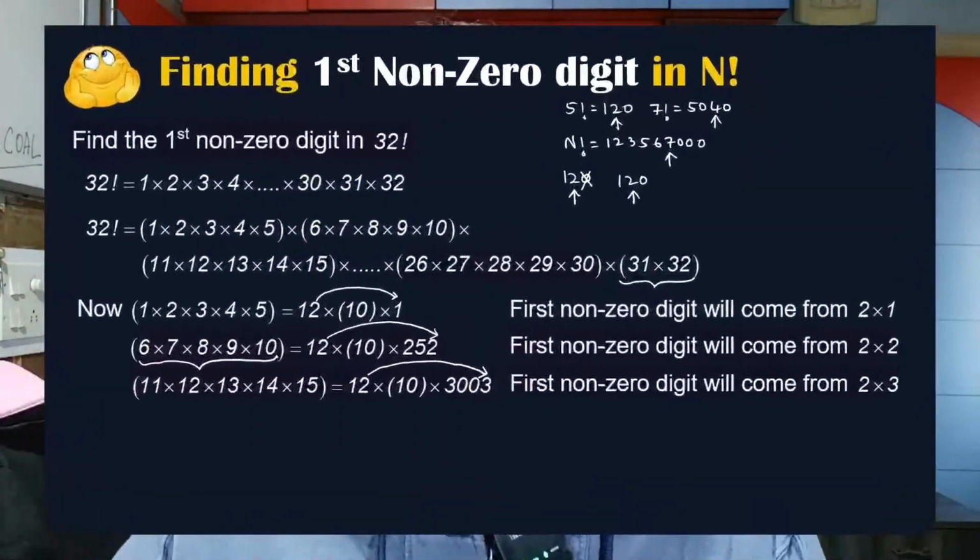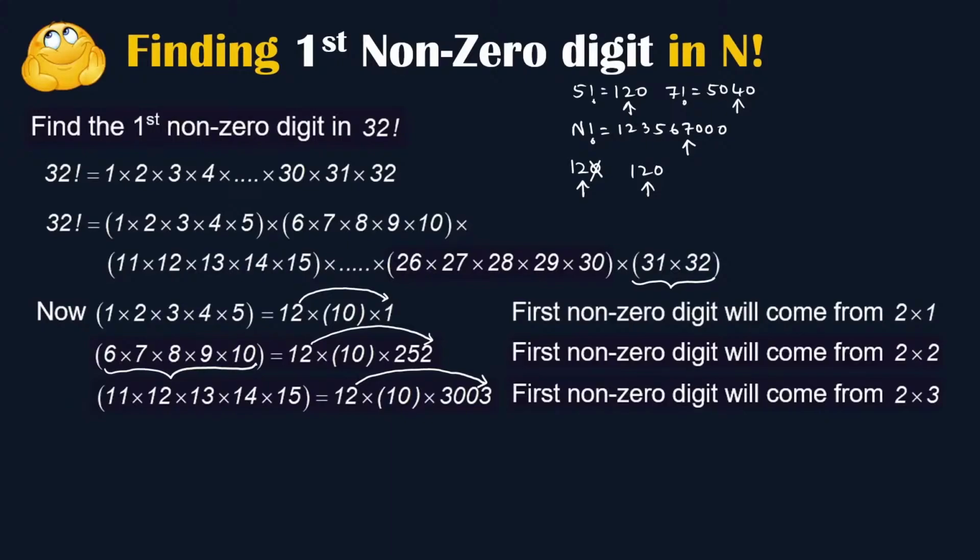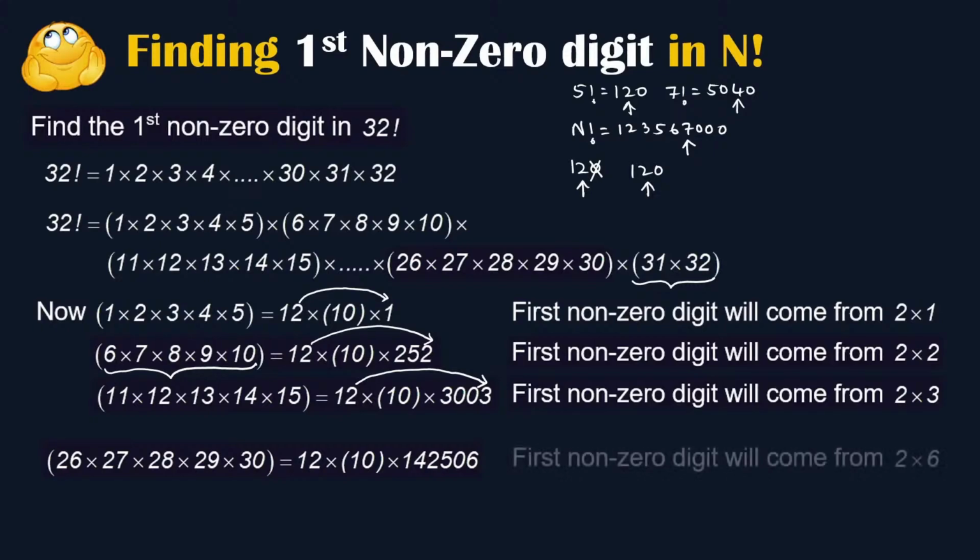Okay, let us just move forward and consider the last brackets, which is 26 into 27 till 30. That gives us again 12 into 10 into 142506. So no need to explain right now. The first non-zero digit will come from 2 into 6, when this 2 is multiplied with this 6.